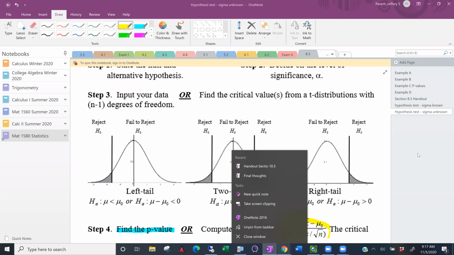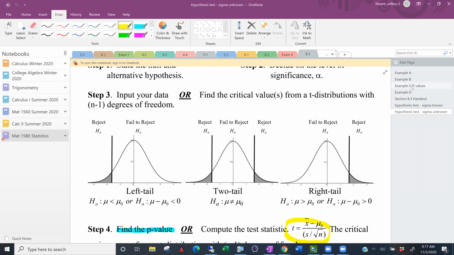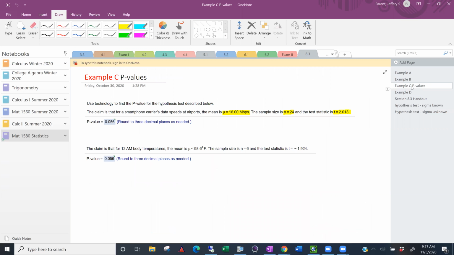Now, I think there was another one there, so let's practice that, and then we'll move on to some more things with our t-distributions and testing the hypothesis mean. Second one says, the claim that the 12 a.m. body temperatures has a mean which is less than 98.6. Okay, so let's take a look at that.